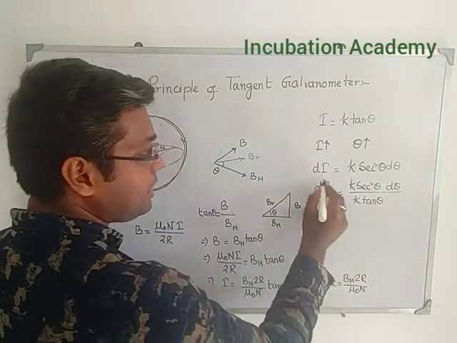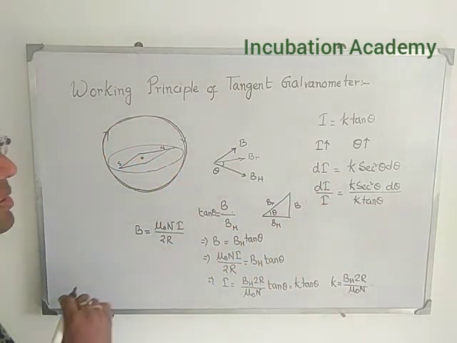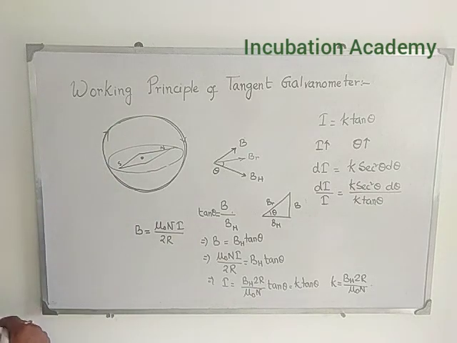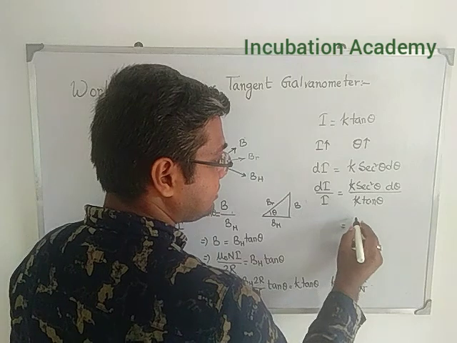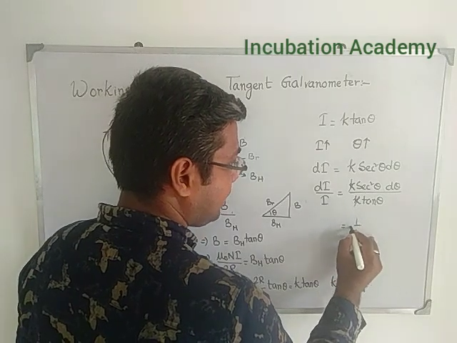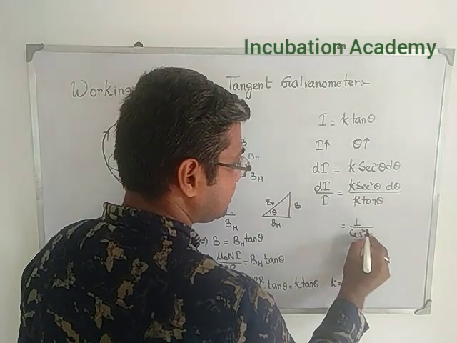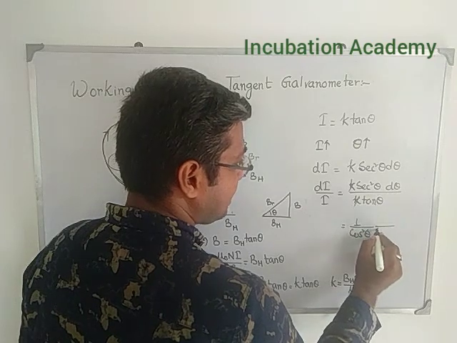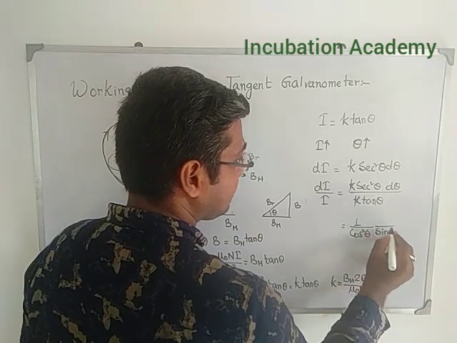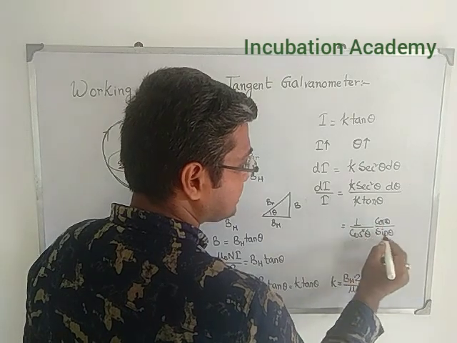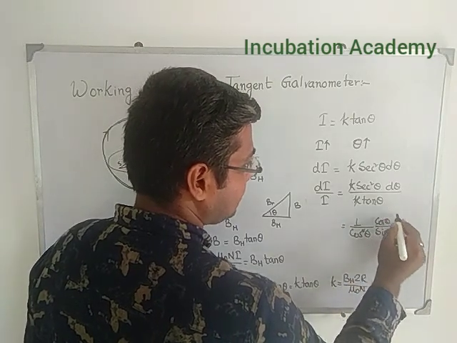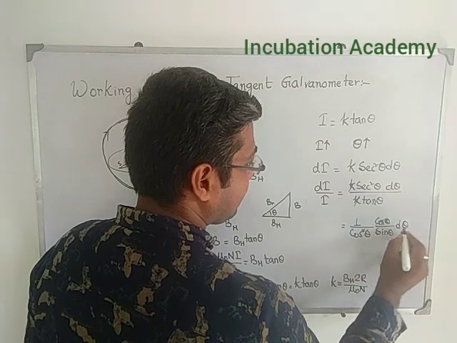So di by I basically gives the current sensitivity of that particular instrument. K cancels out. Sec square theta becomes 1 divided by cos square theta, and tan theta becomes sin theta divided by cos theta, so it cancels out. So it will become d theta.